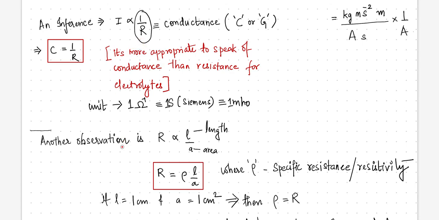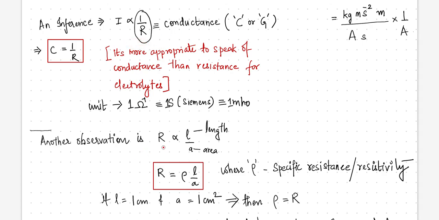Like the observation that current is inversely proportional to resistance, similarly another observation that comes as a result of various studies is that resistance is directly proportional to the length of the conductor and inversely proportional to the area of the conductor. The first is an inference we get from Ohm's law.